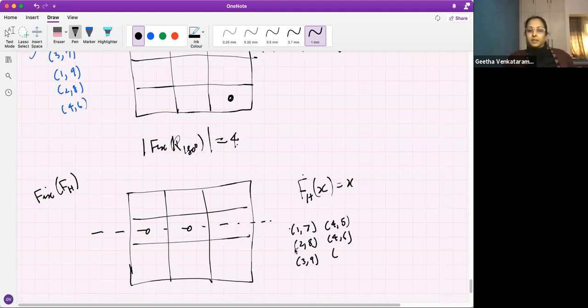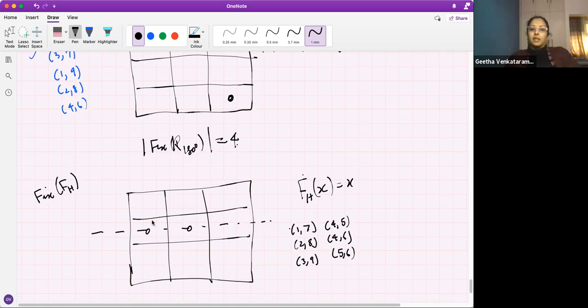Ma'am, but since we are taking horizontally, why are we considering this 4 and 5 and 5 and 6? I didn't get this part. What will happen if you do a flip on this card? If I take a card like this and flip it horizontally, the position will be 4 and 6 only, no? Yes, ma'am.